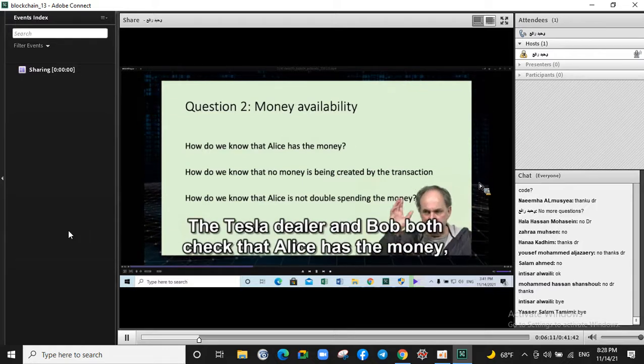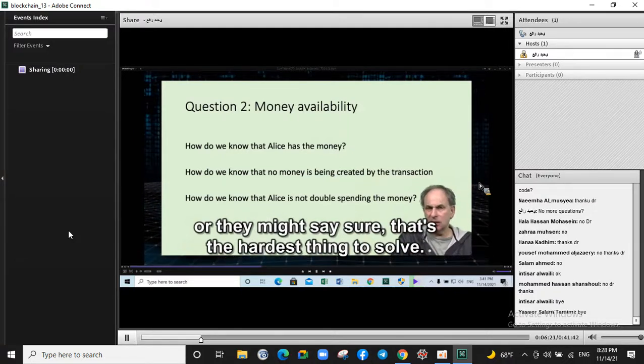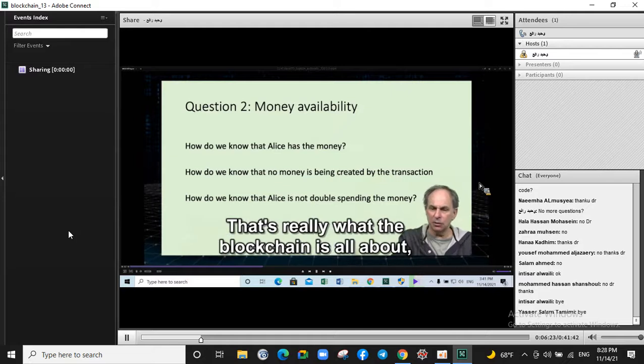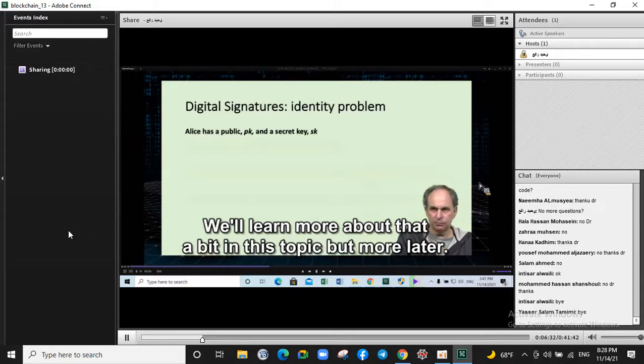So if the Tesla dealer and Bob both check that Alice has the money, they'll both find out she has. And they'll say, sure. That's the hardest thing to solve. And that's really what the blockchain is all about, how to solve that problem. We'll learn more about that a bit in this topic, but more later.